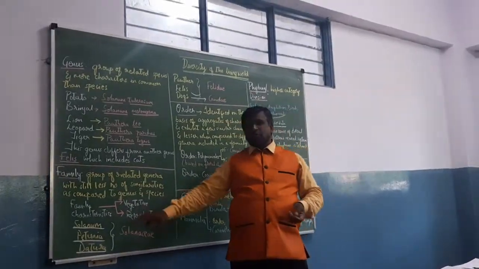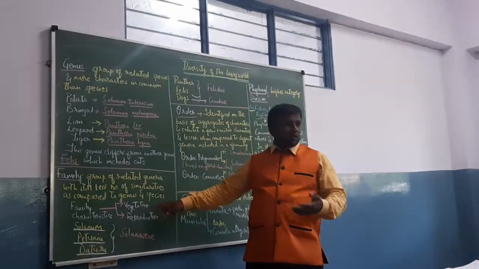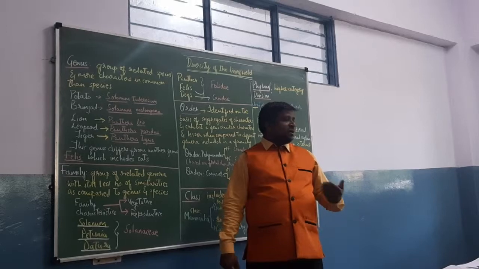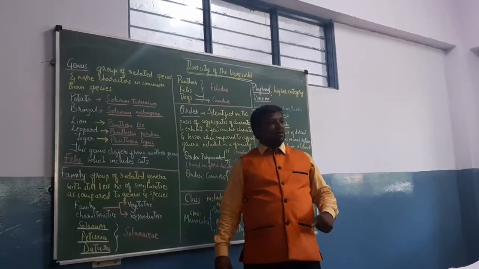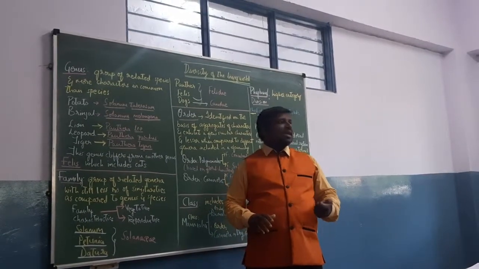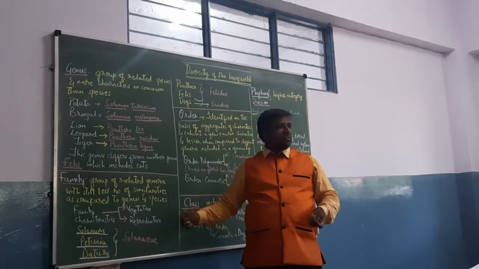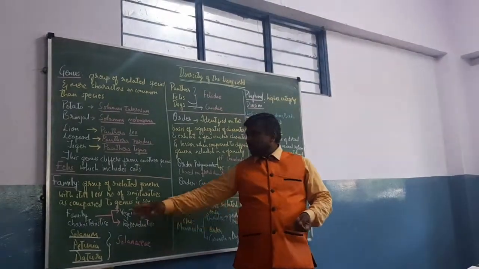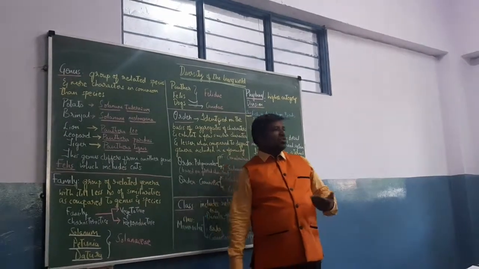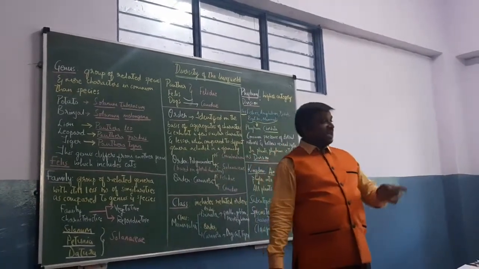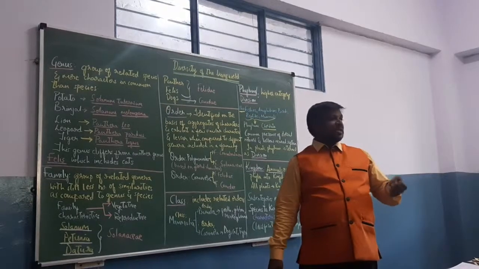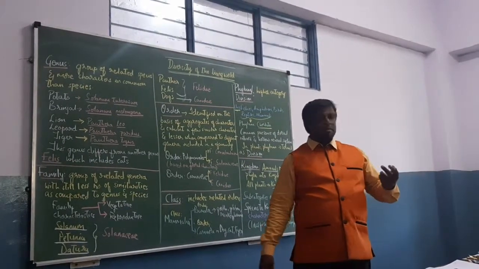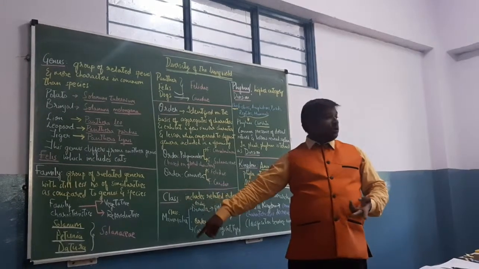Now, examples. For family characteristics, we are talking about vegetative characteristics as well as reproductive characteristics. Now you can take the example of Solanum, Petunia. They are different genera. Lycopersicon is tomato. Solanum, Petunia, Datura.